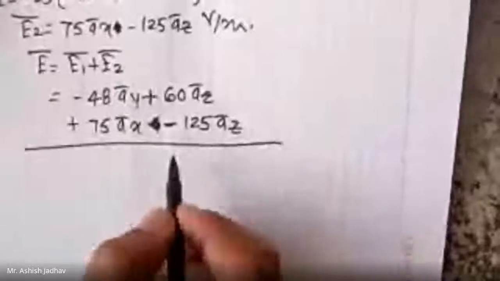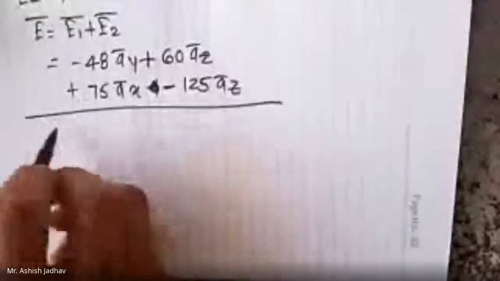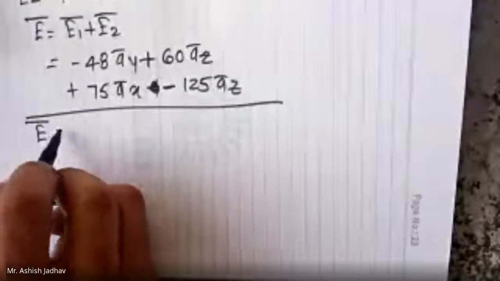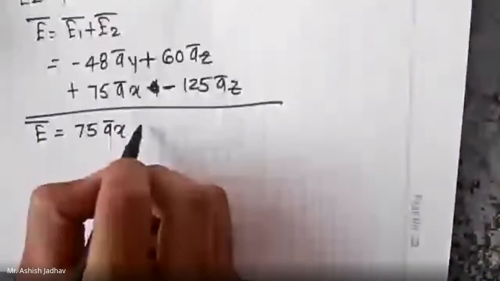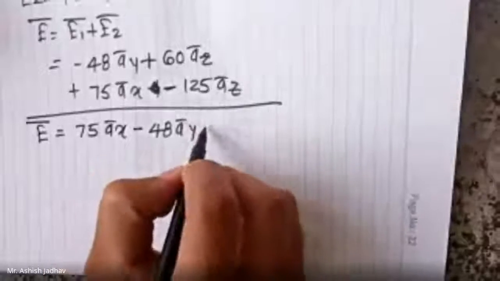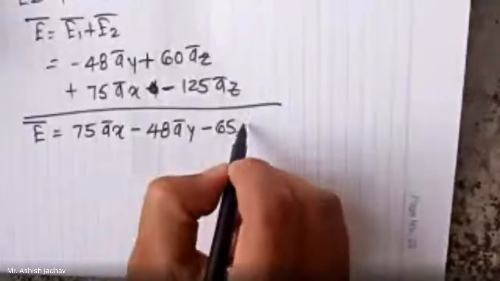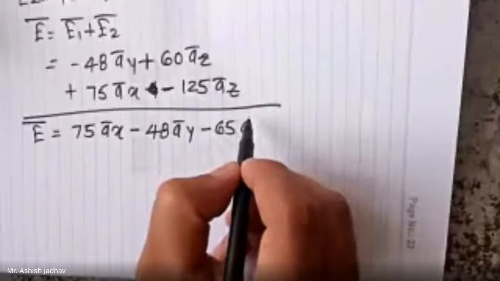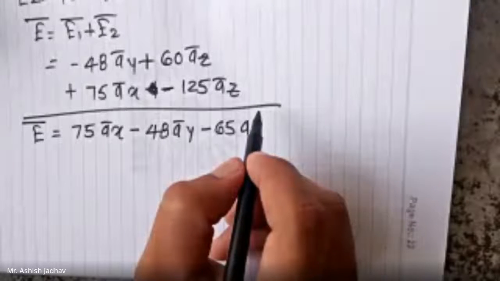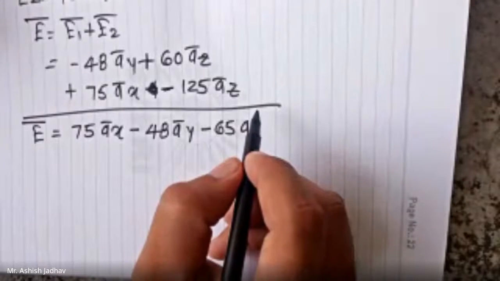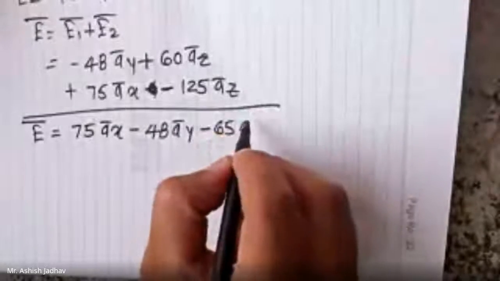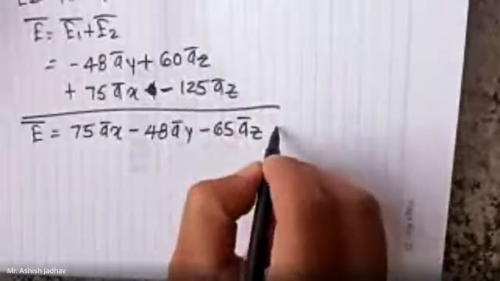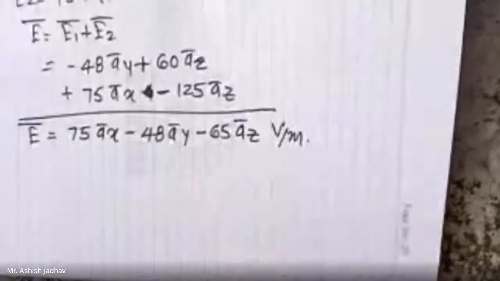If you do the addition, what we get for E bar is equal to 75 a bar x minus 48 a bar y minus 65 a bar z volts per meter.